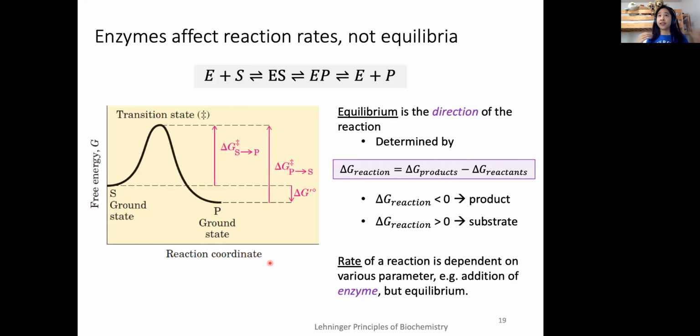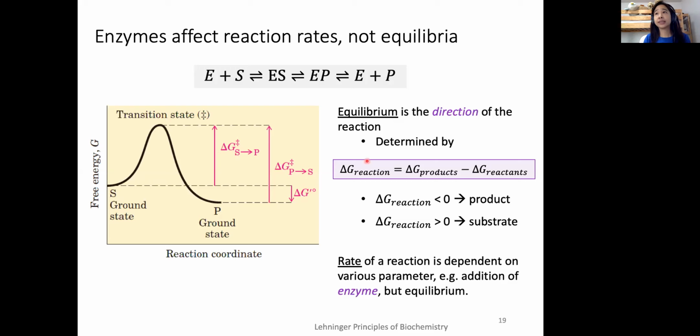So now I want you to focus more on the reaction rate. I think I already mentioned it a lot. So enzyme plus substrate, and then you get the products and the enzyme back, because an enzyme is not consumed. Equilibrium is the direction of the reaction, and an enzyme will not determine the direction or equilibrium of the reaction.